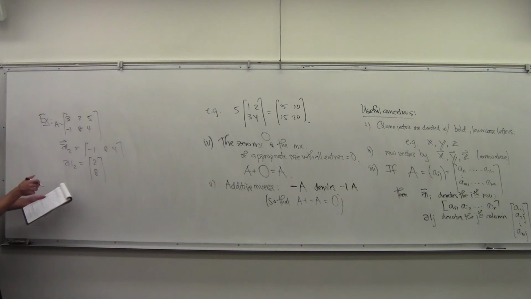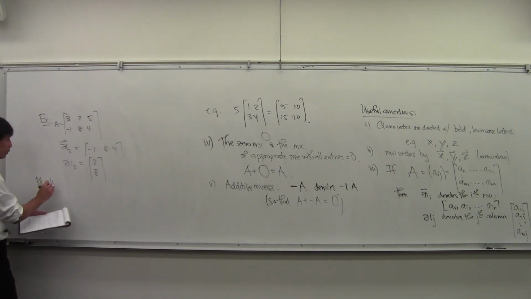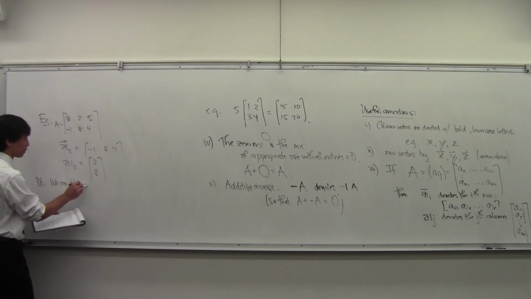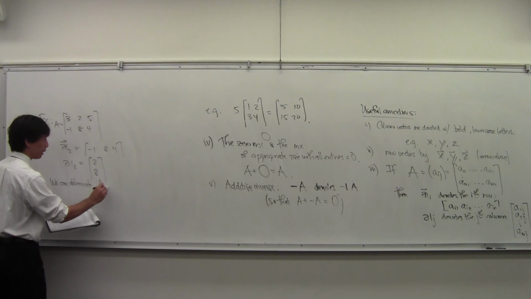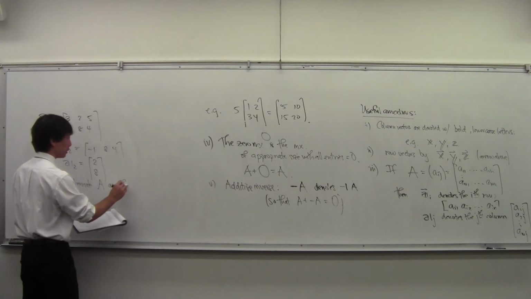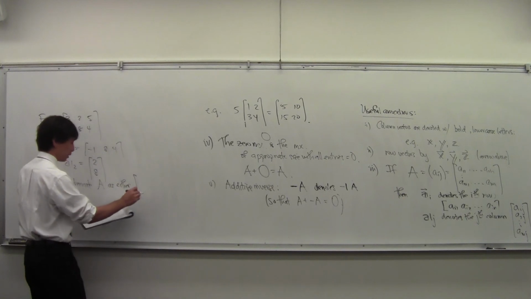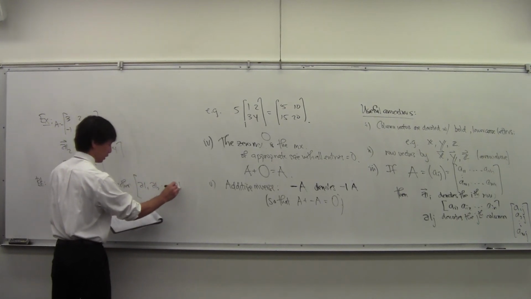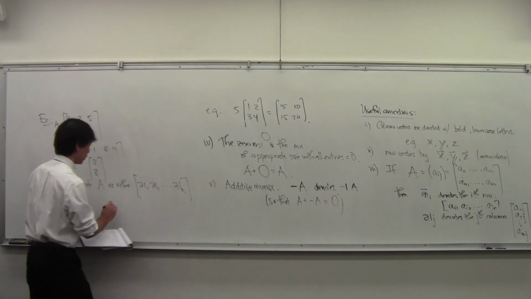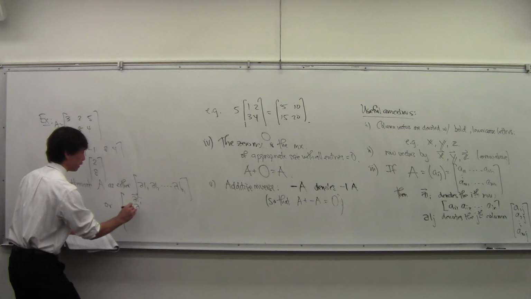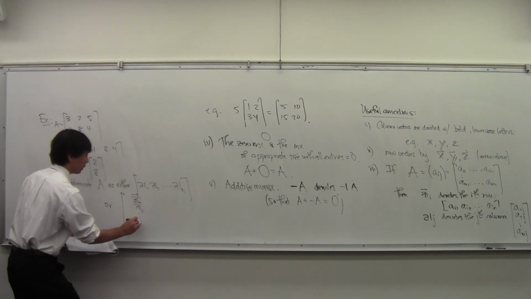So we can abbreviate A as either column 1, column 2, through column n, or first row, second row, through nth row.